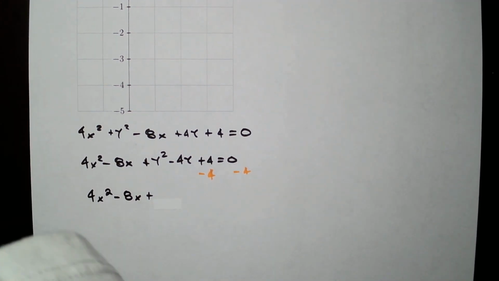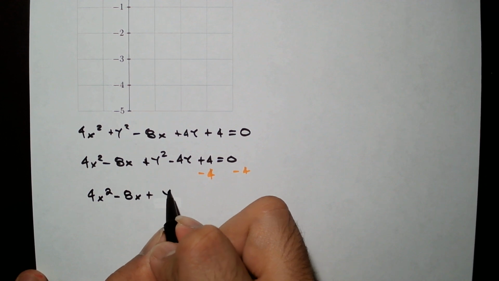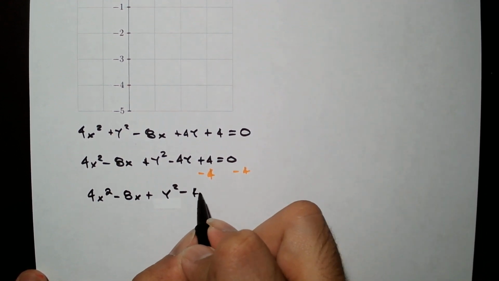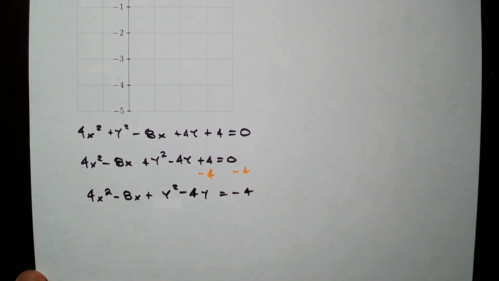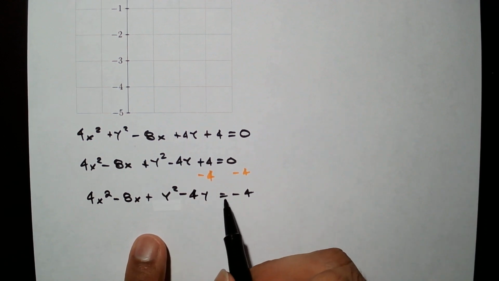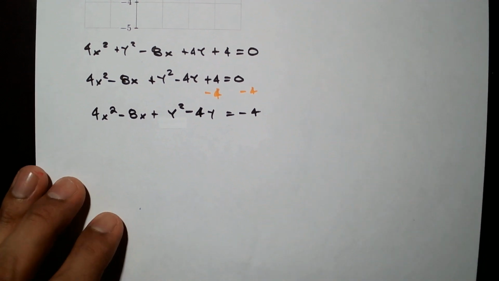Let's see. Plus y squared minus 4y equals negative 4. So what am I going to do? Okay, to complete the square, I would add just a number here. However, it's not going to be the case for the x side.